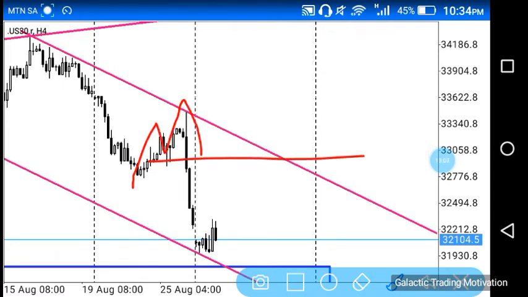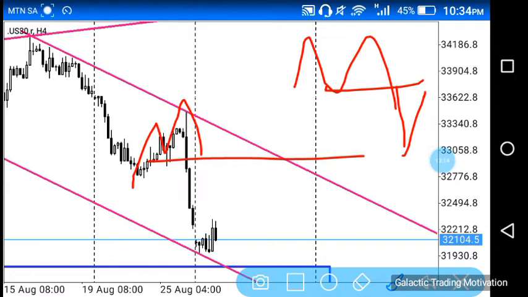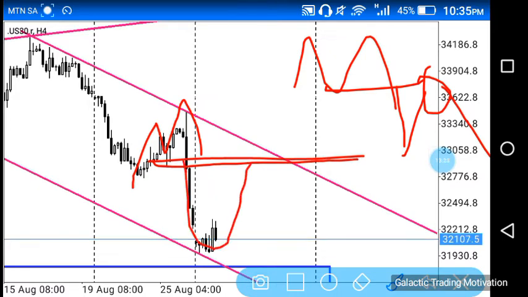You guys know that when it comes to M structures, we want to see the M structure being broken to the bottom side and price going back to the neckline to test it and possibly pushing further down, right? Can you guys also see that the neckline is yet to be tested? So what may also possibly happen is that price may head up to this neckline of this M structure and then possibly push further down.